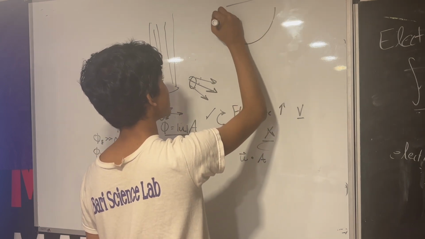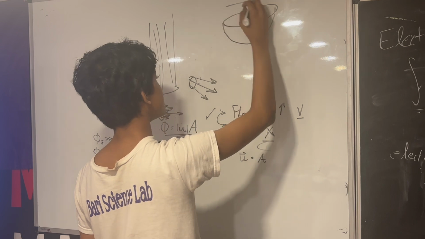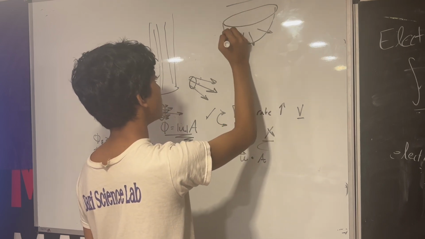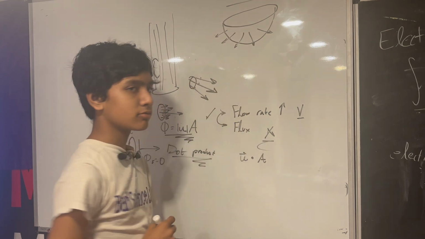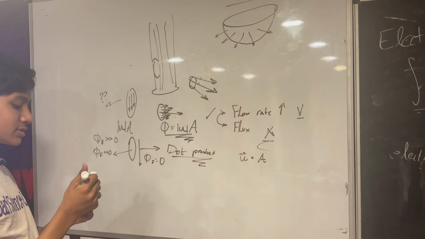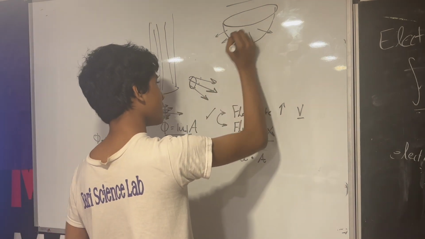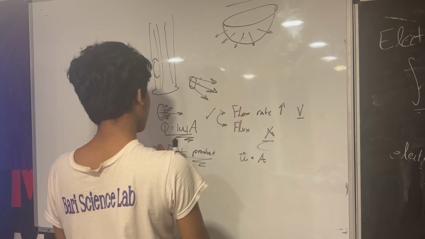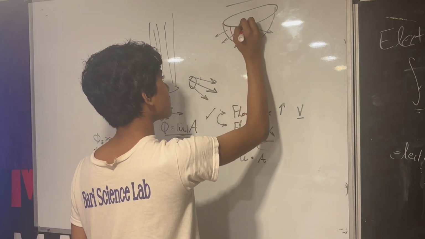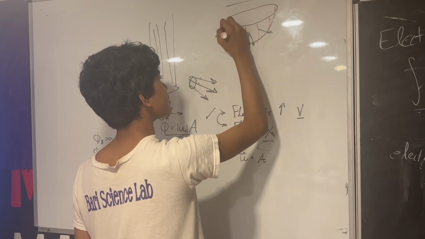Let's pretend for a second you just have one giant water flowable source. So any water can flow through this surface, right? So now we take this surface and we cut it up into a lot of small differential areas.